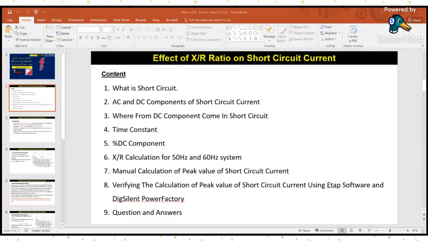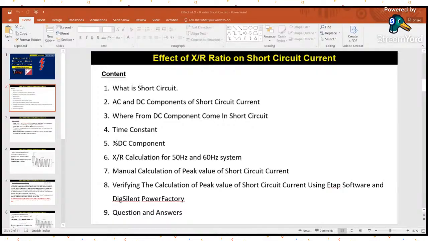X by R ratio is different for 50 Hz and 60 Hz because it also depends on the frequency. So 50 Hz and 60 Hz are different frequencies and their X by R ratios are different. Then manual calculation for the peak value of short circuit current, and verifying the calculation of the peak value of short circuit current using ETAP software and DIgSILENT PowerFactory.